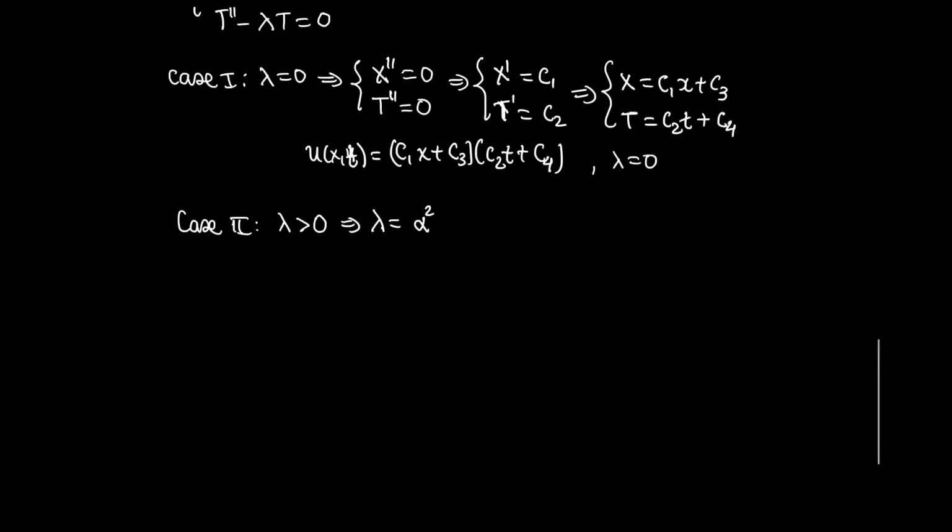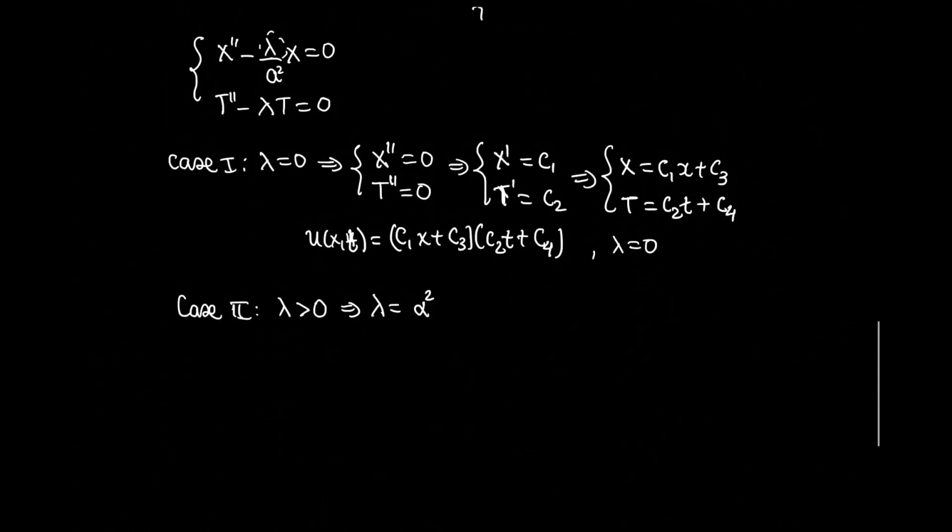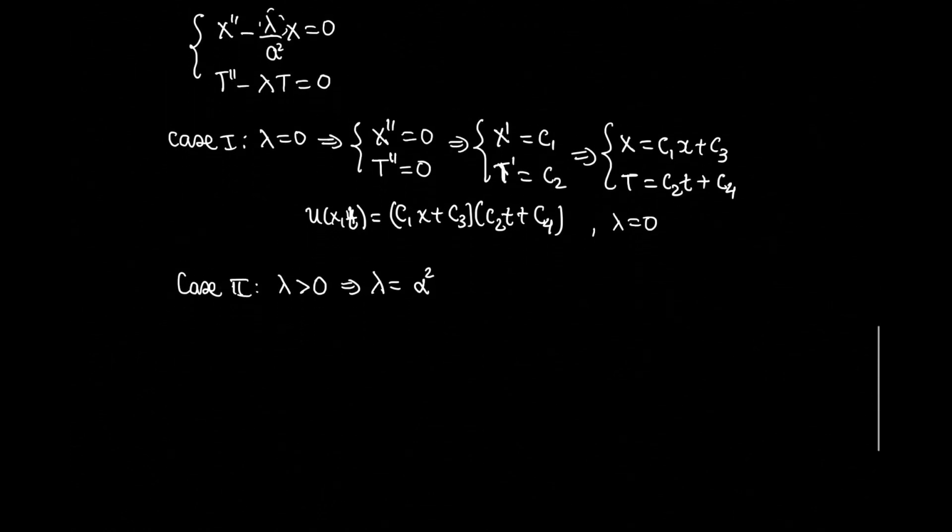So if lambda is positive, then you sub here, then you're going to have x double prime minus alpha squared a squared x equal to 0. And then you have t second order minus.